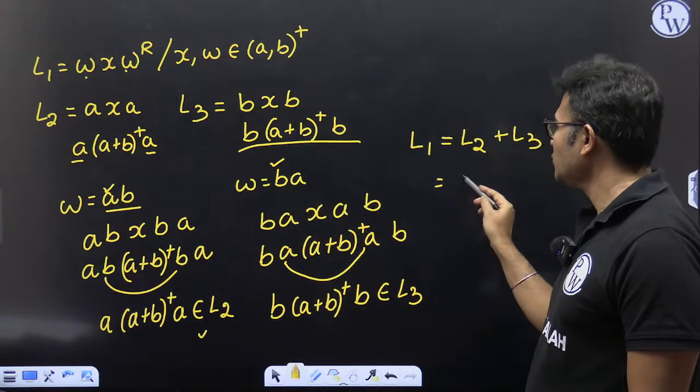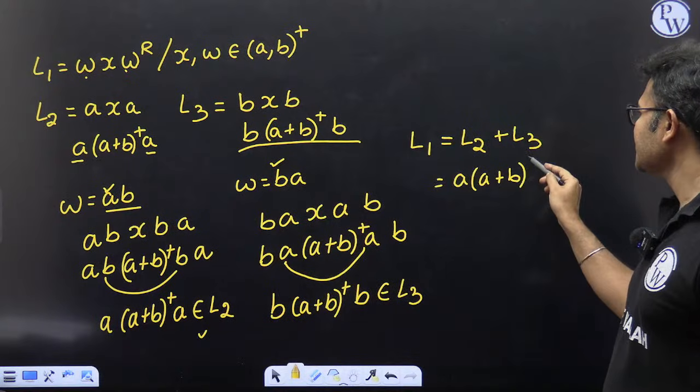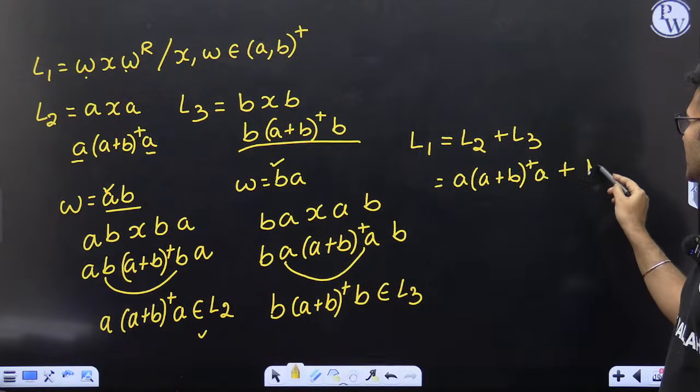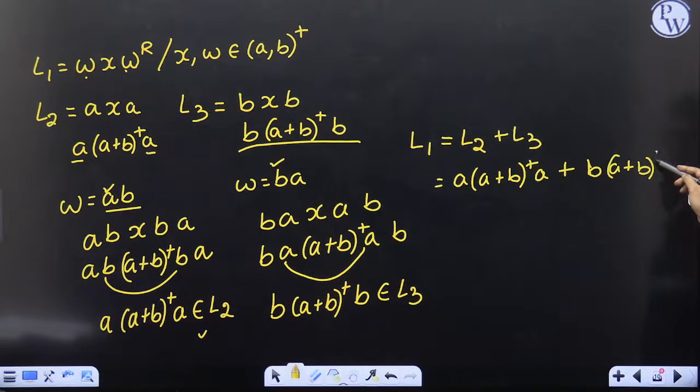What is L2? L2 is A plus B plus A plus B, A plus B plus B, B A plus B plus B, right?